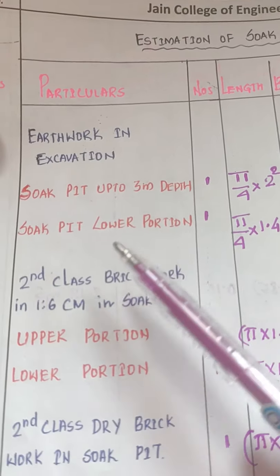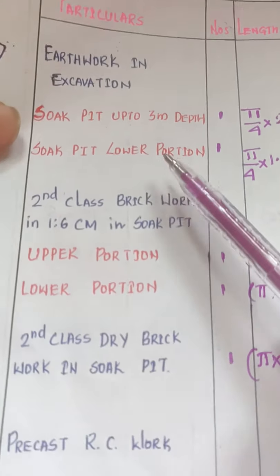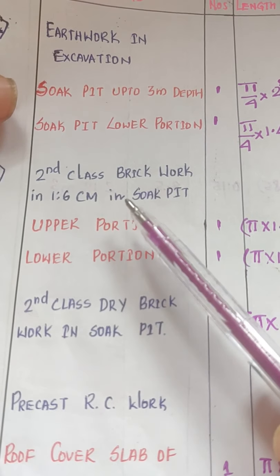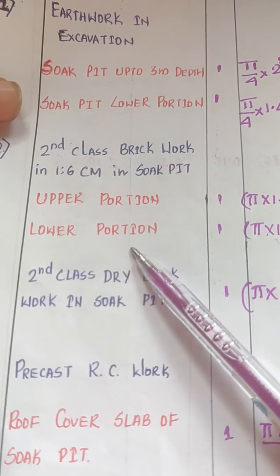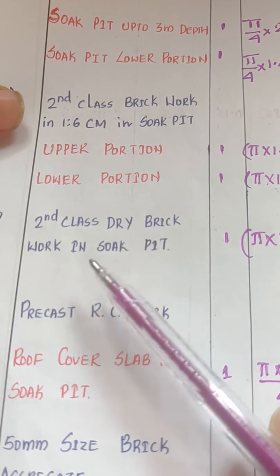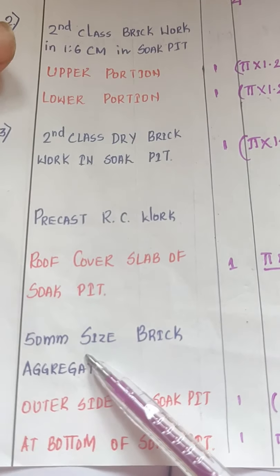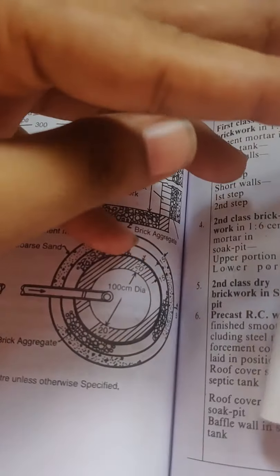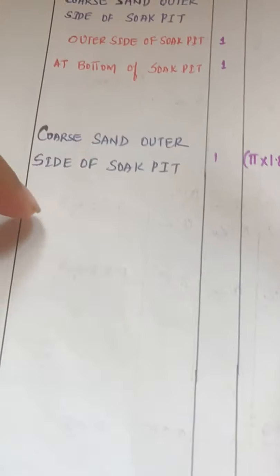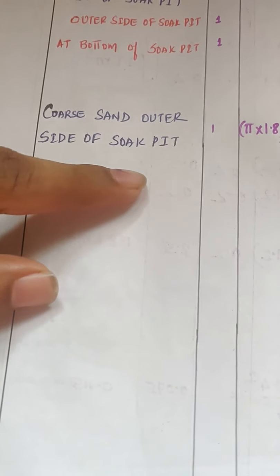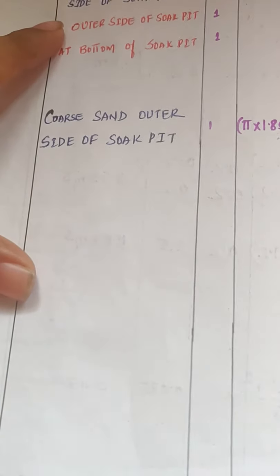Soak pit up to 3 meter depth, soak pit lower portion. Then second class brickwork in 1:6 cement mortar, upper portion, lower portion. Second class dry brick in soak pit, you have to calculate this. Precast slab work, 50 mm size brick aggregate, and coarse sand outer side of the soak pit. So these are the quantities of soak pit.